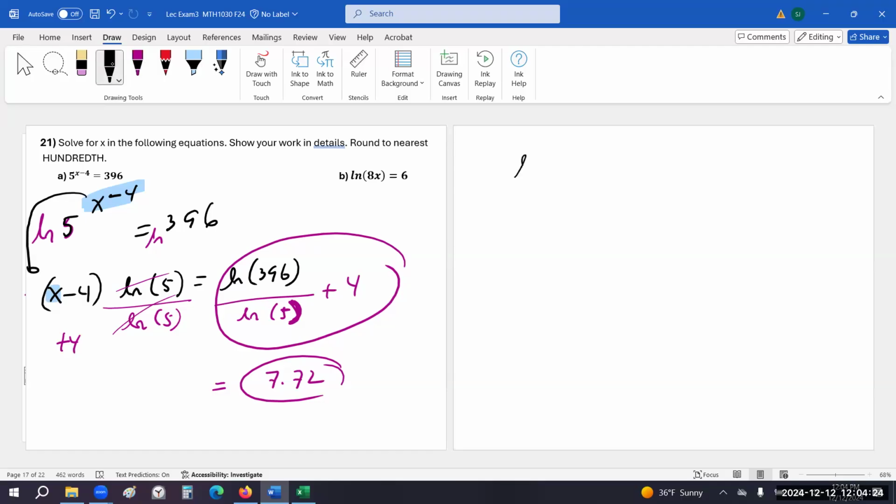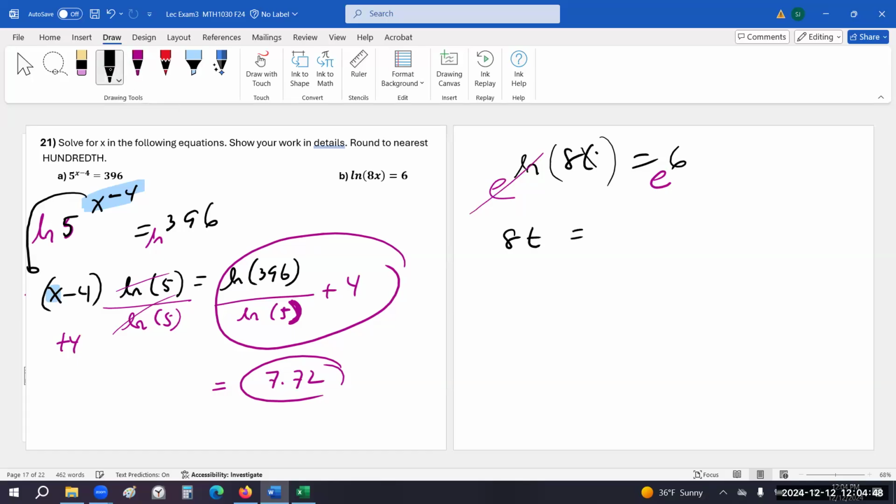The last one. We have ln of 8x equals 6. Now, many of you applied ln again. How come you're applying ln when you're trying to get rid of the ln? The opposite of ln is e. So you have to apply e on the base, not multiplying. So they cancel out.